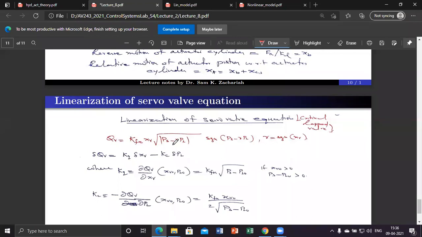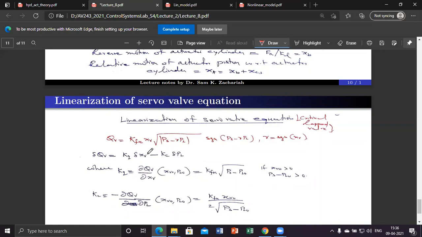But in the hydraulic servo valve, there is one element which you cannot avoid. It is not like friction or saturation, which are understandable things; this is the basic control element.